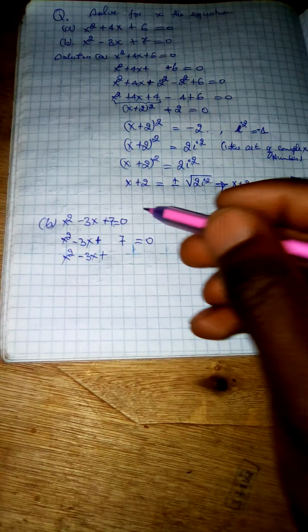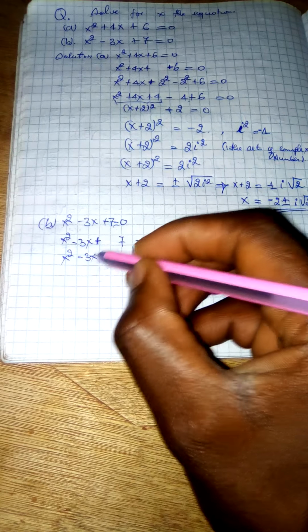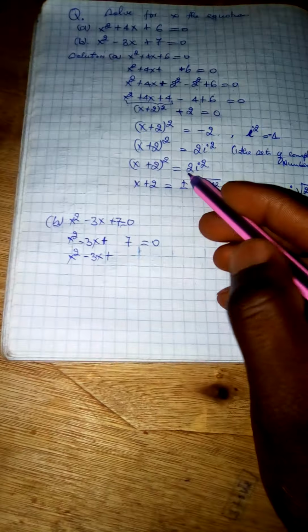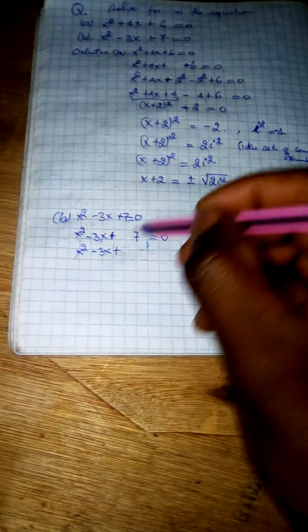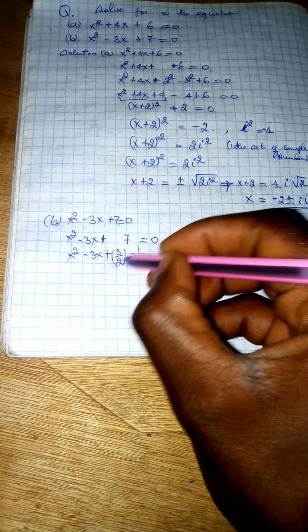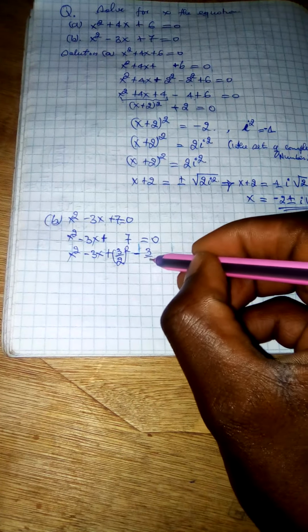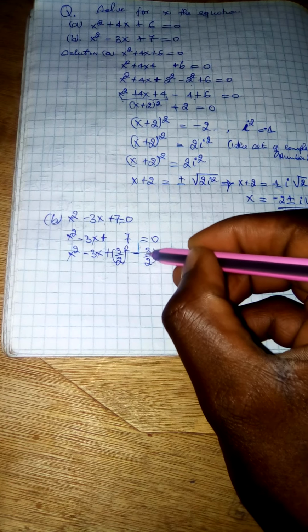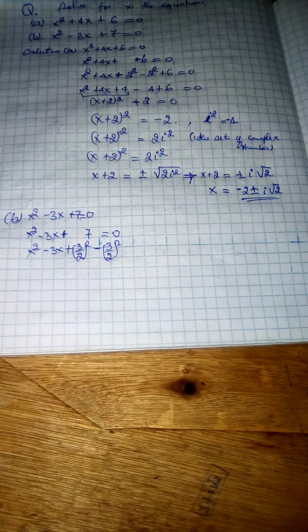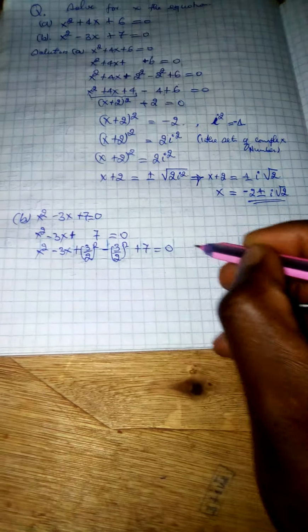Plus (3/2) squared, negative (3/2) squared, plus 7 equals 0.